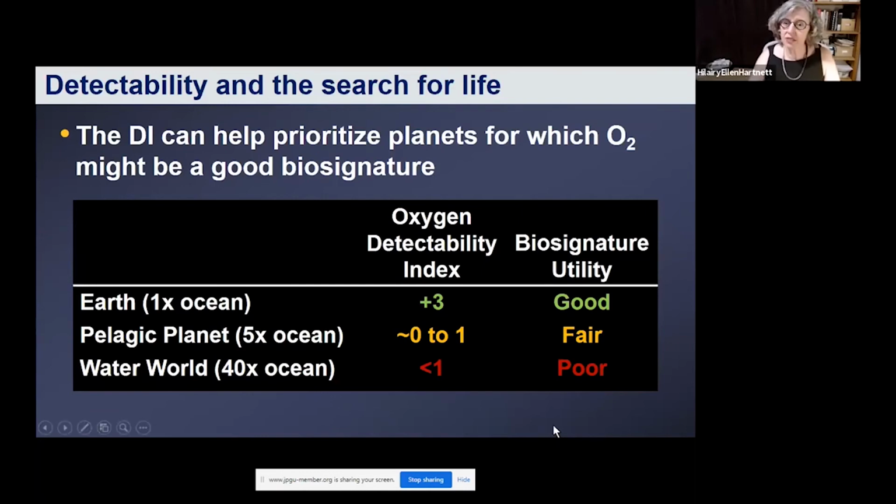So now we have a way of quantifying how well we may be able to determine whether a biosignature we measure in the atmosphere is due to biology or not. This is really important because we need to be able to prioritize those planets for which we think the search for life is going to be fruitful.